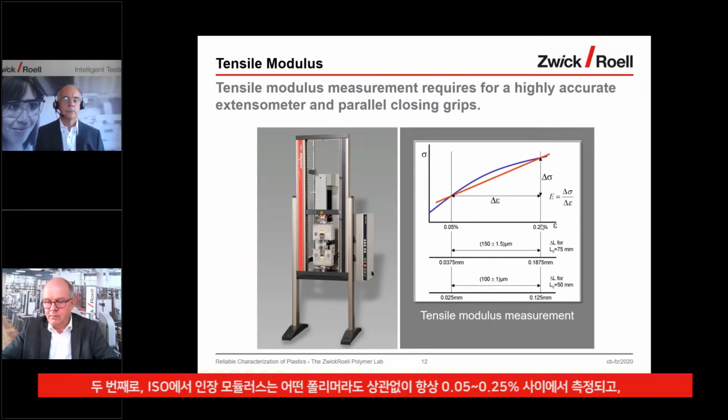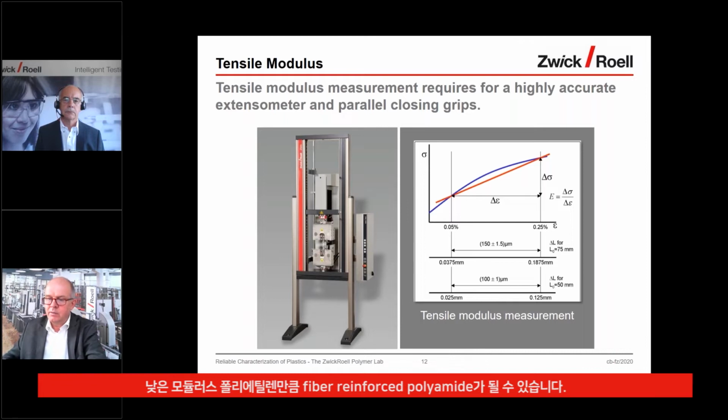Second, the tensile modulus in ISO is always measured between 0.05% and 0.25%. And this is whatever is the polymer. So this can be a fiber reinforced polyamide as well as, let's say, a low modulus polyethylene.